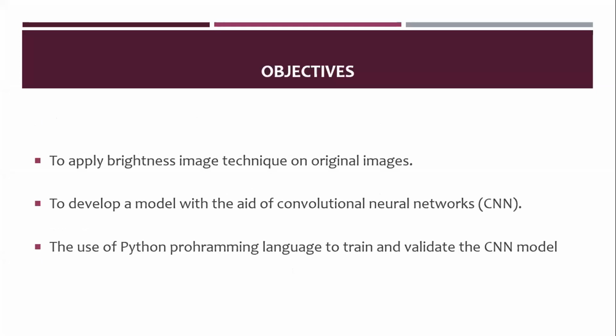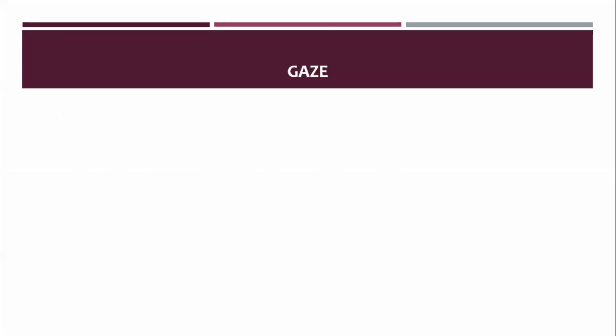For the objectives, we were able to apply image enhancement with the brightness technique, and then we came up with a convolutional neural network model. And then lastly, we made use of Python programming to train and validate the CNN model.